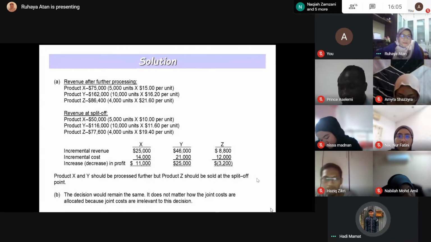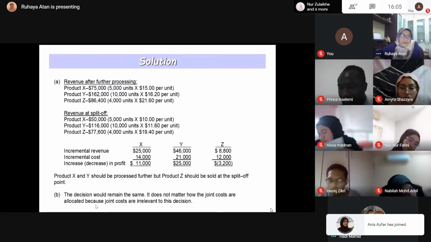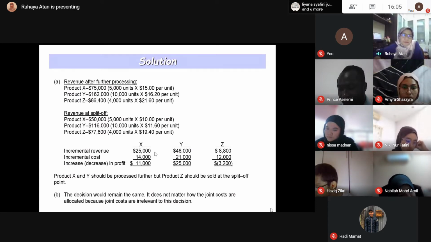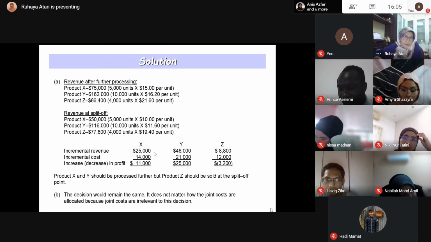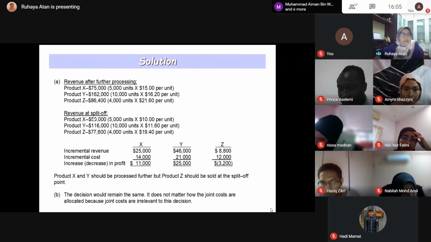The incremental revenue for product X is 25,000. How do you get that? The revenue if you process further, minus the revenue if you were to sell at the split off point.